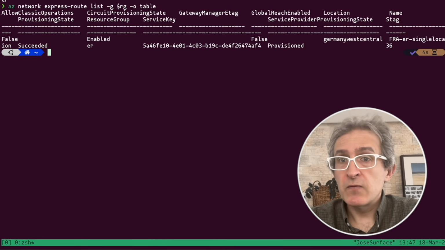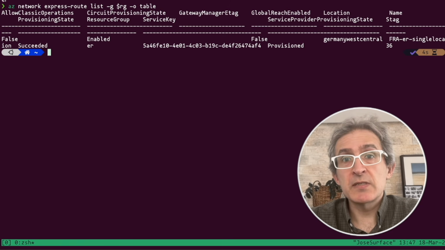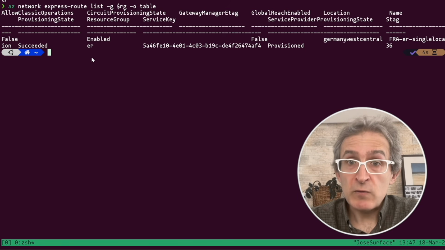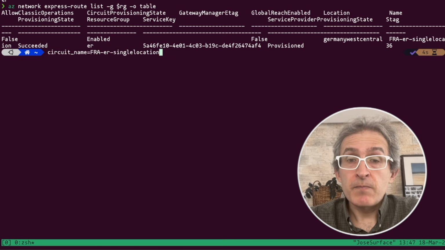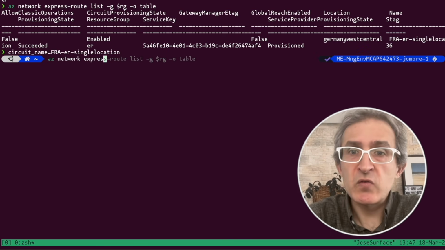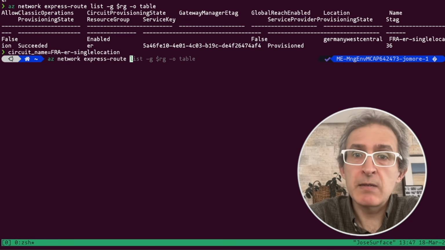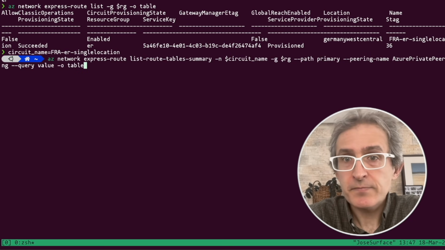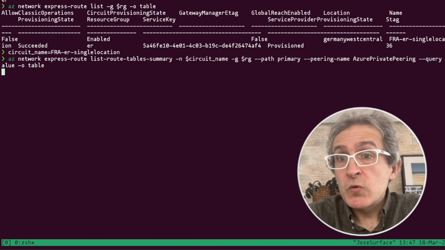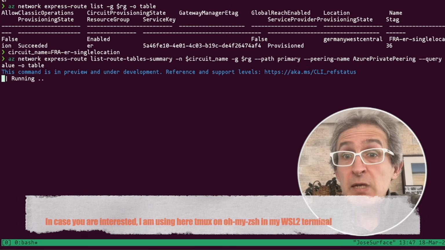You can, here, for example, show the ExpressRoute circuits that are provisioned in a given resource group. I like working with variables because then I can reuse the same commands over and over. As you can see, I have enabled the history autocomplete. So in this one, I'm doing the route table summary.